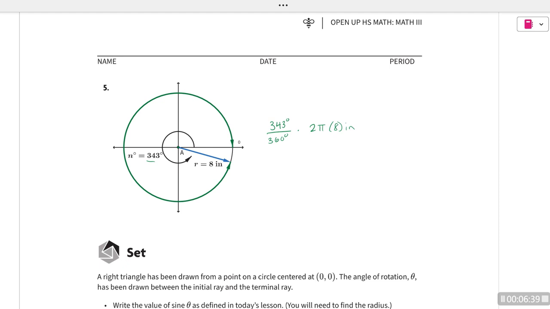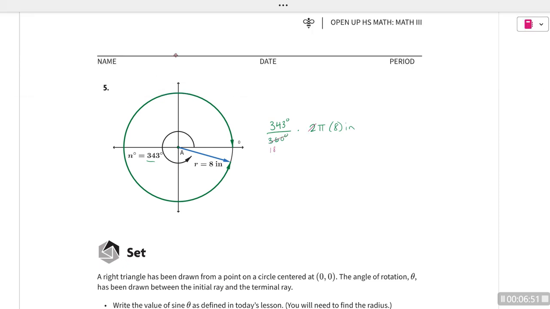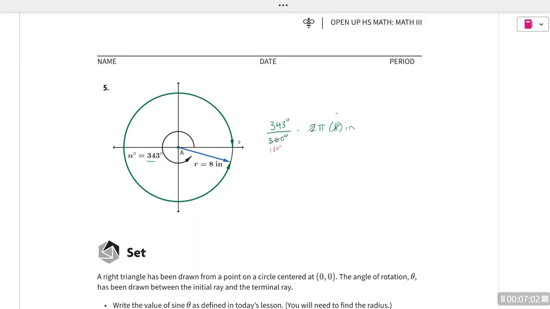So we can just go ahead and simplify the 360 with the 2 or the 8. So 360 divided by 2, I can make that 180. And then if I want to simplify with the 8, I can divide both by 4. So I can make this 2 and this 45. So let me regather our thoughts here.